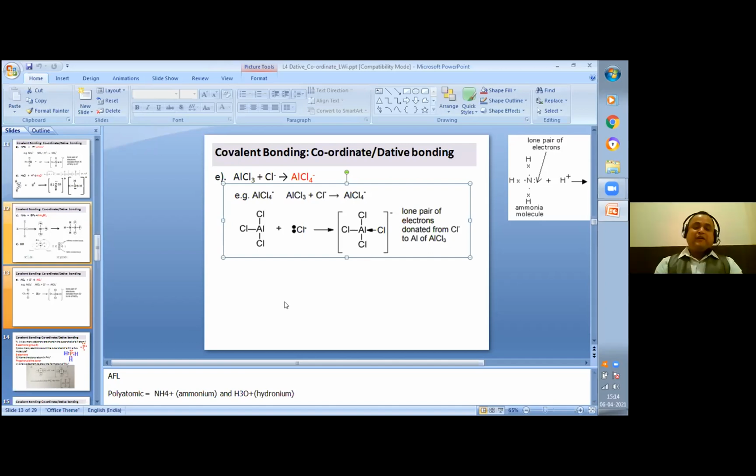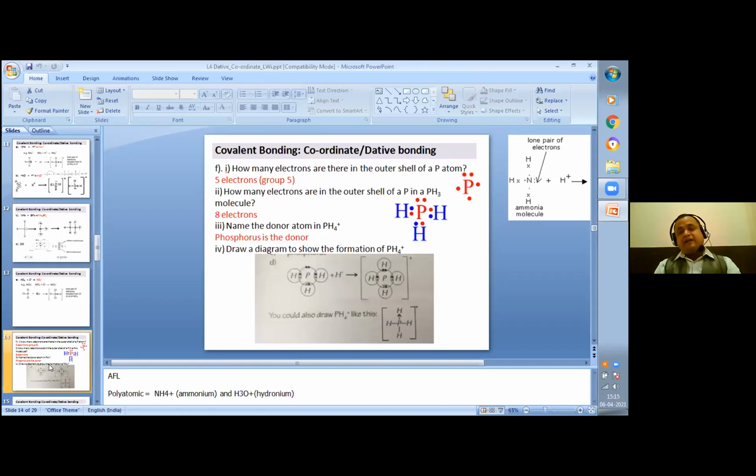Thank you. Okay, after completing AlCl4, we go to the next part. Look at this one: PH3. The name of the compound is phosphine, like ammonia, NH3.